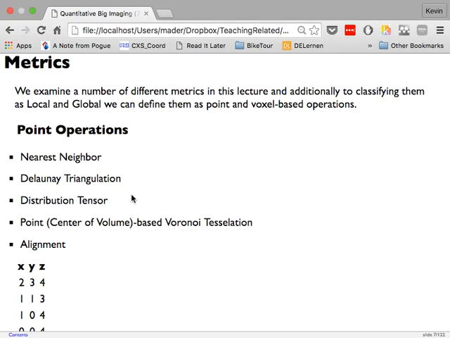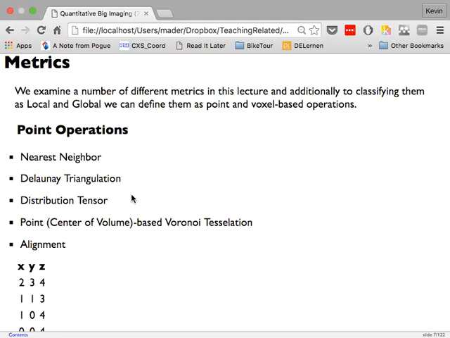We examine a bunch of different metrics, and what we have is two general categories of metrics. We talked about the local and the global, and we have point and voxel-based operations. The point operations are where you look at each object or each segmented component that you have, and you treat it as a single point.